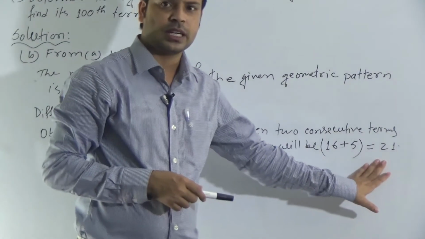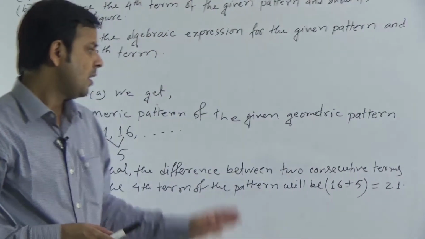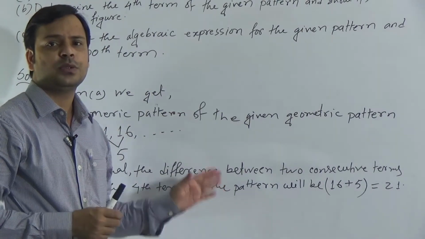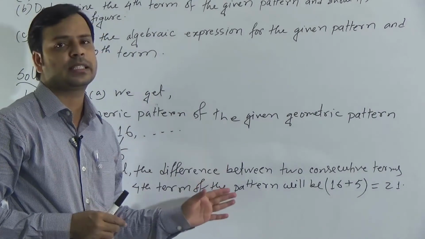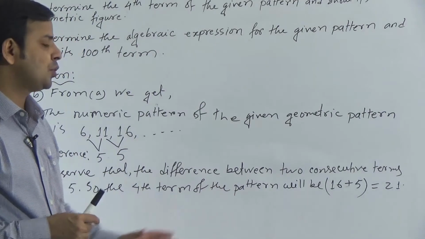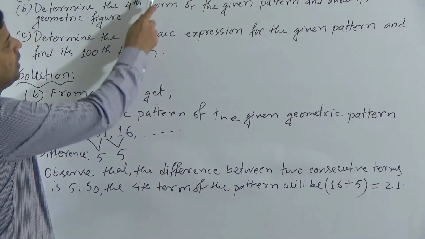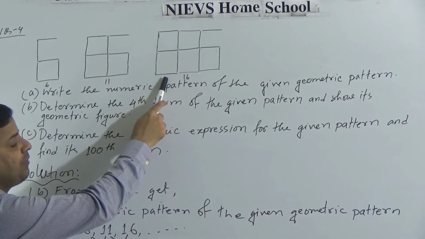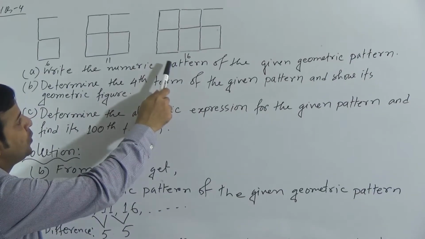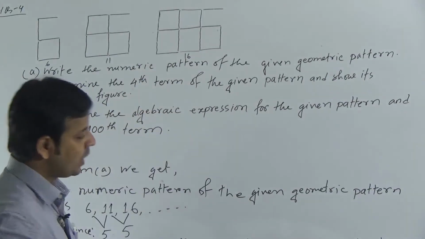This is the fourth term. It means that in the fourth figure we have to use 21 sticks, and we have to draw the figure according to the given pattern. So we have to draw the figure now.